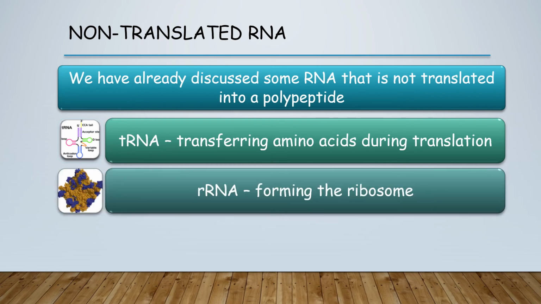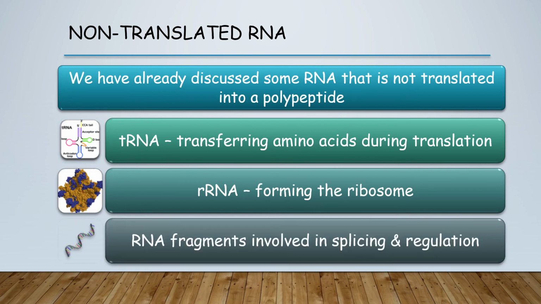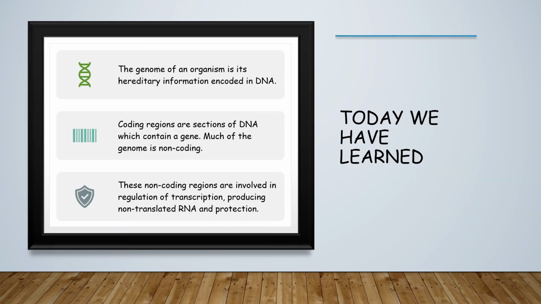The ribosomal RNA, again, forming the ribosome, not converted into a polypeptide. But there are other RNA fragments that are involved in splicing and regulation that we haven't discussed previously, but those are 3 key bits of non-translated RNA that will be coded for in your DNA code, but never make it to be a polypeptide.